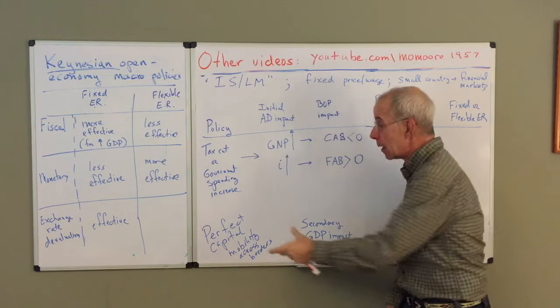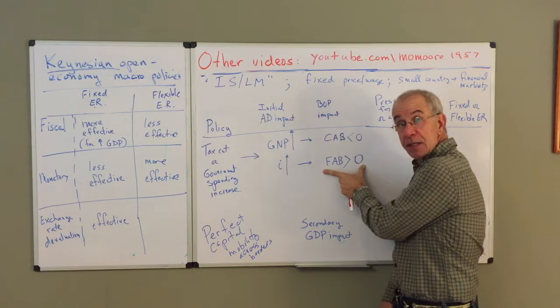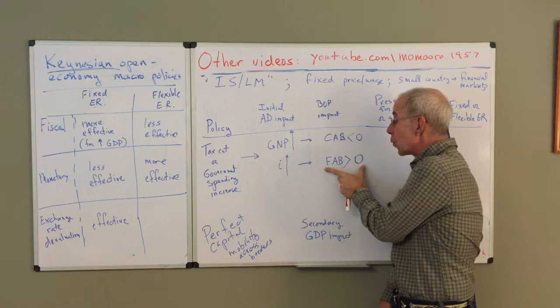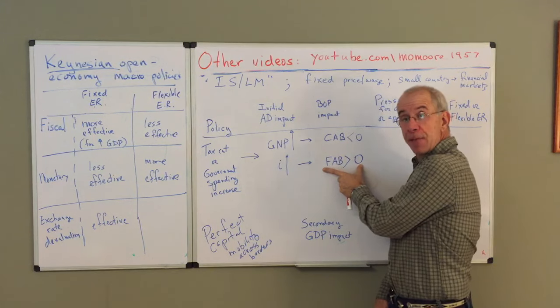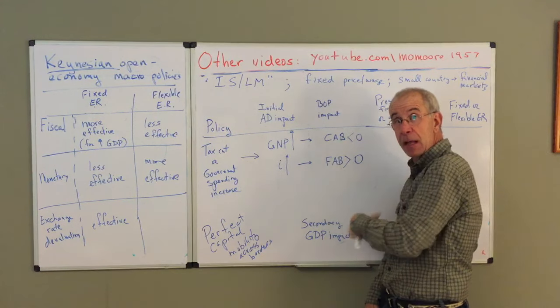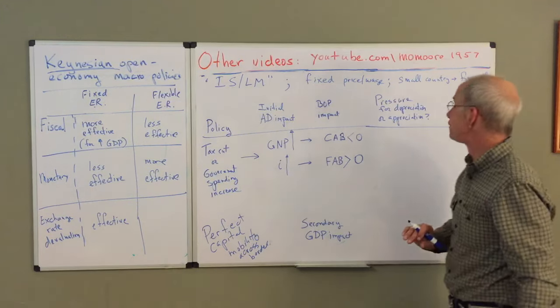So let me repeat that. With perfect capital mobility, it's the financial markets that dominate the balance of payments effects. Okay, so in other words, this is going to result in a private capital account surplus. The financial account balance will be in surplus because of this assumption.